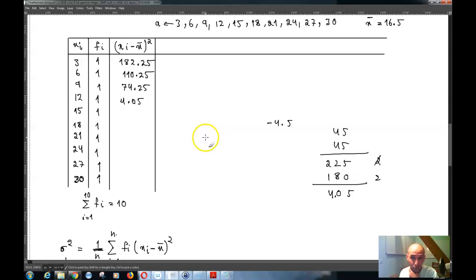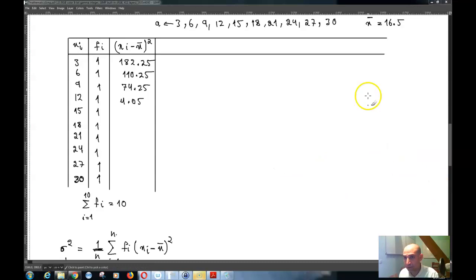And of course you could, for the sake of simplicity, do your calculations this way, because when you get the 0.5 part, subtracting is not easy, and then multiplication is not easy either. For example, you have 15 minus 16.5, and I want to square it, right?